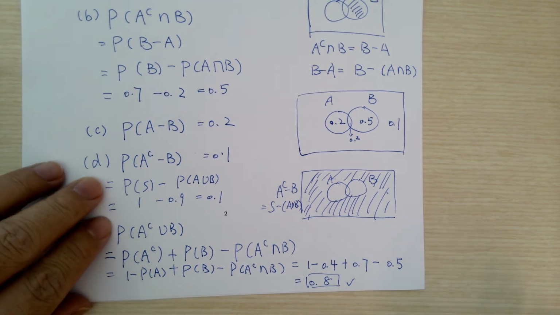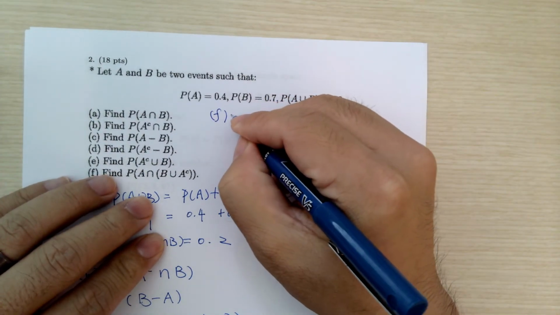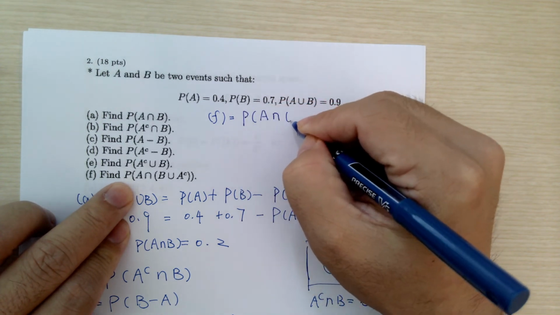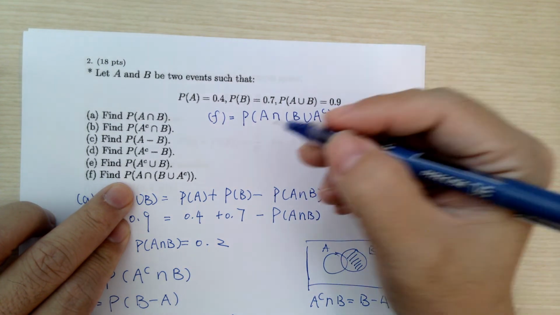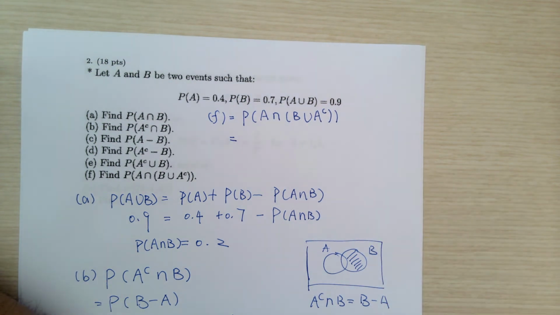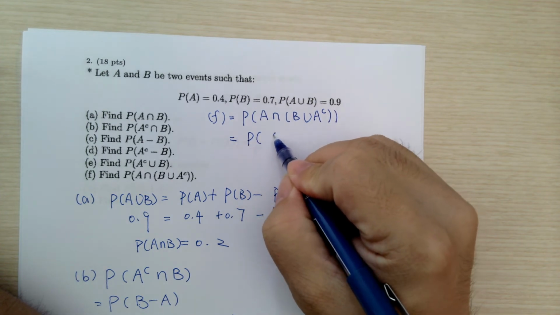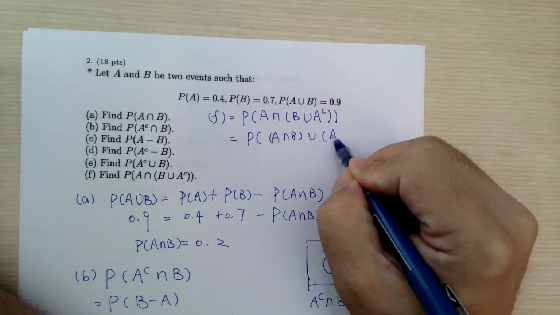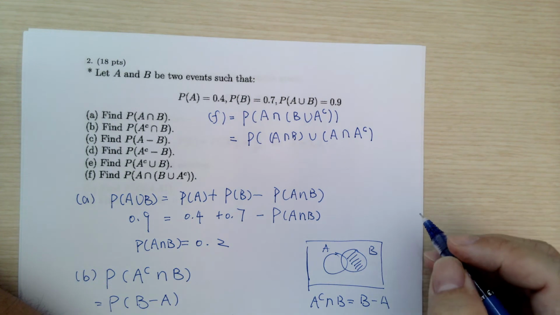Alright, so F, let's write it here. We're looking for the probability of A intersect B union A complement. We can use the distributive law. This is going to equal P of (A intersect B) union (A intersect A complement), right?